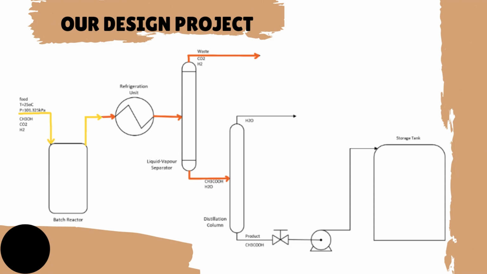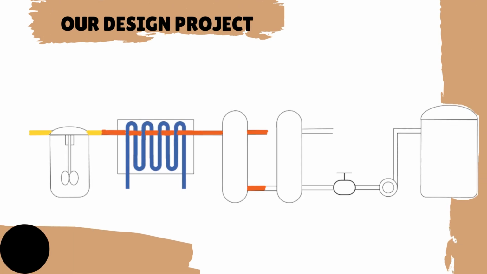And for non-reactive process, the combination of refrigeration unit and separator are the same as application of condenser. This design is similar to the previous one. This design is used for better understanding and easy calculating for fluid mechanics properties.